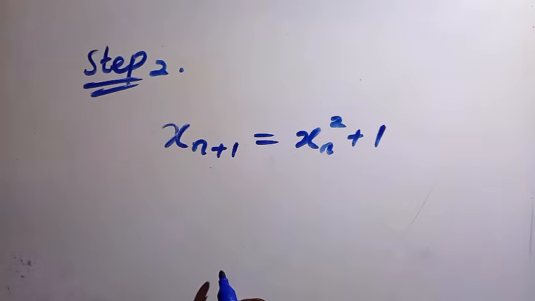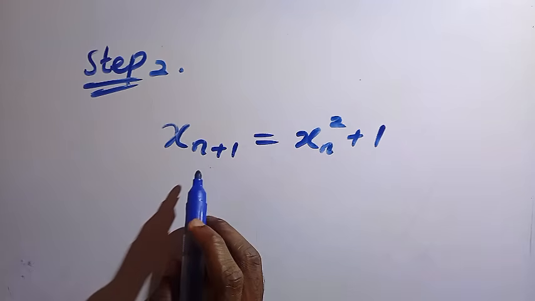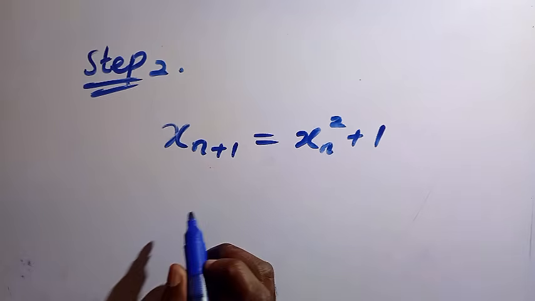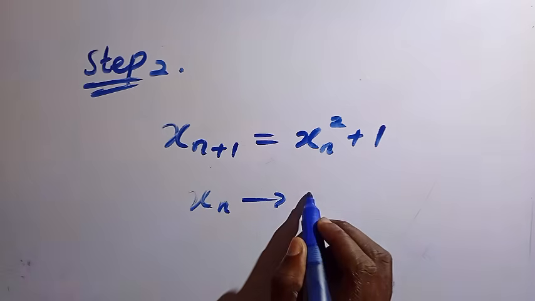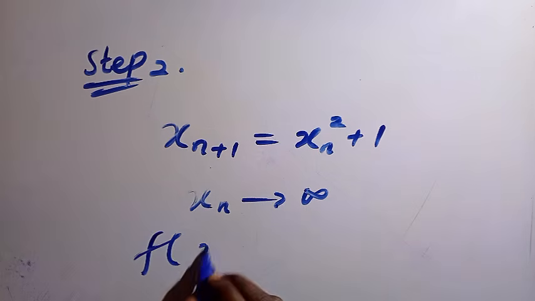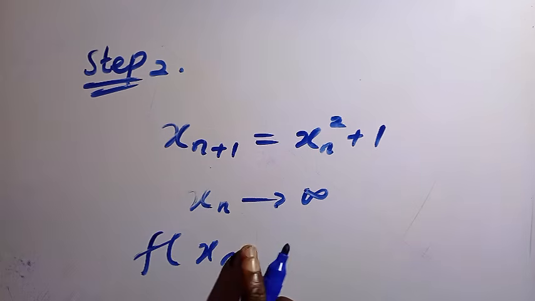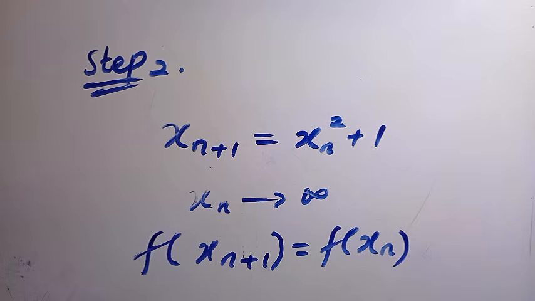Then for any starting value, let's say x naught, the sequence x_n tends to infinity. And since we have f of x_{n+1}, this will equal f of x_n as well, for n tending to infinity.